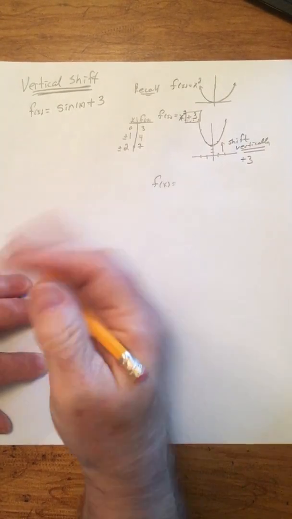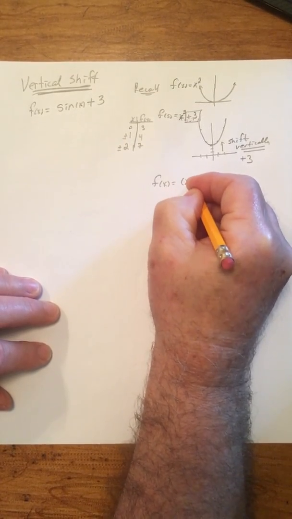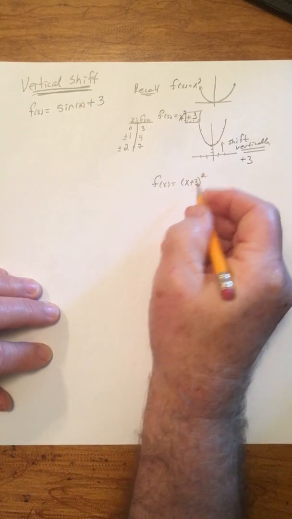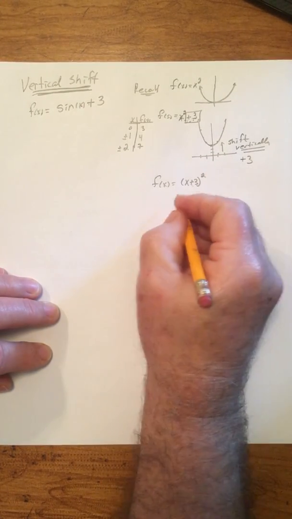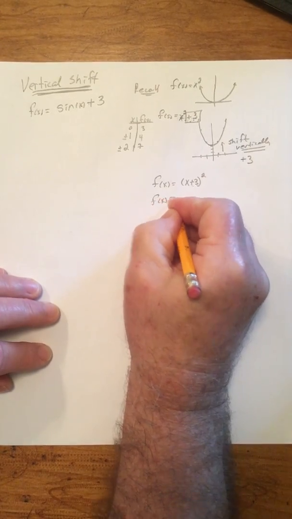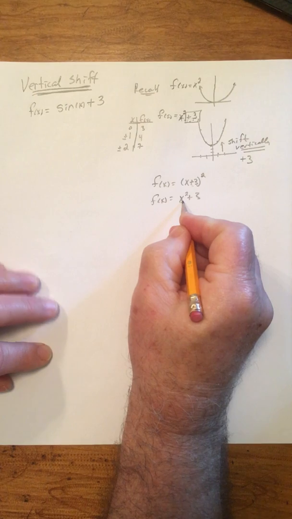Now, when I say outside the function, I mean something like this. If we were to have x plus 3 quantity squared, this is adding or subtracting inside the function, versus x squared plus 3, outside the primary function.